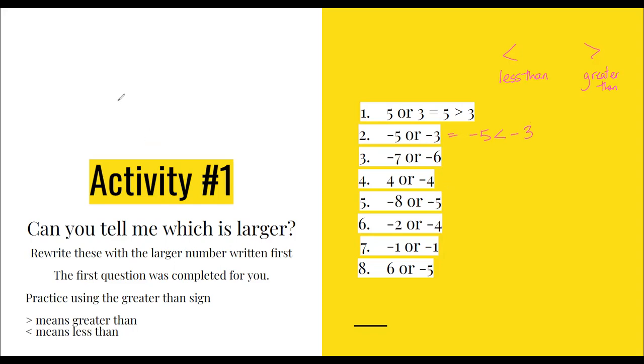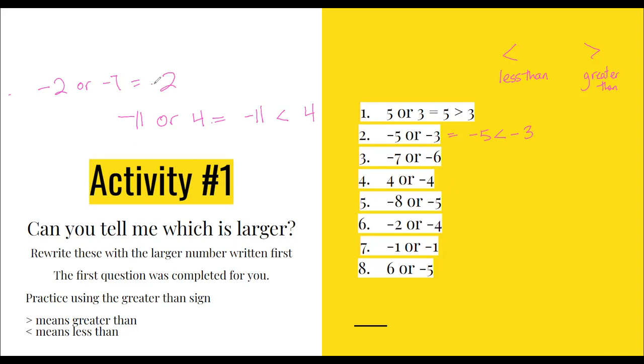Understand? If I have -11 and let's say 4, then I'll say -11 is greater than or less than 4? Less than 4. So we use the less than sign. And what about if I have -2 and -7?